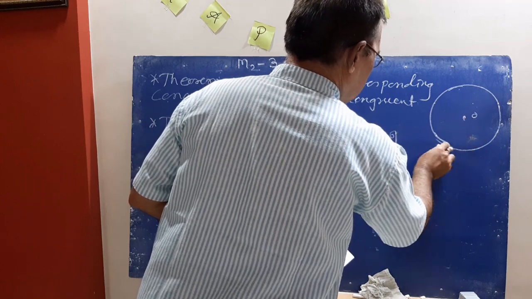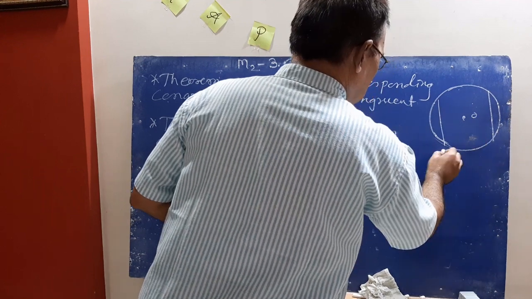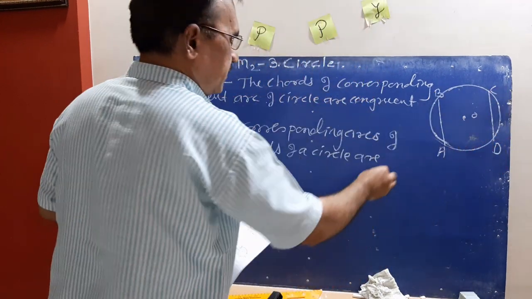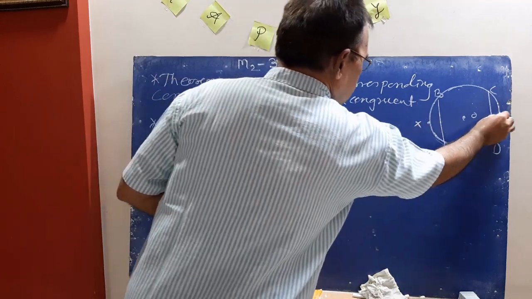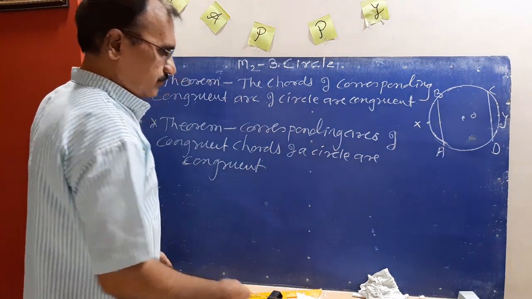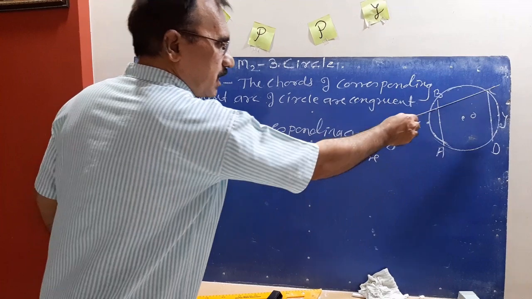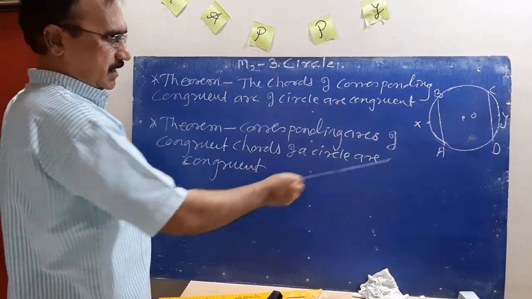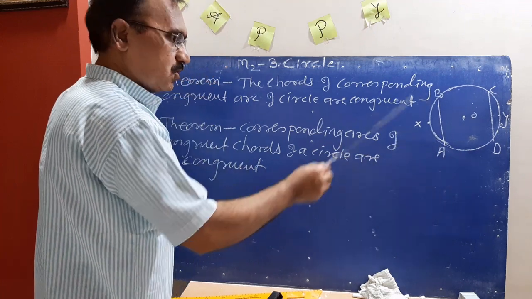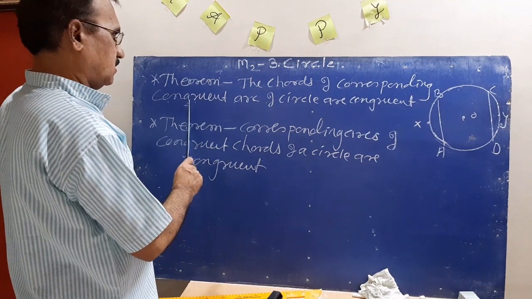Take an O-centered circle. Suppose these are congruent chords AB and CD, here X and here Y. If these chords are congruent, then the corresponding arcs are also congruent. If the arcs are congruent, the corresponding chords are also congruent.